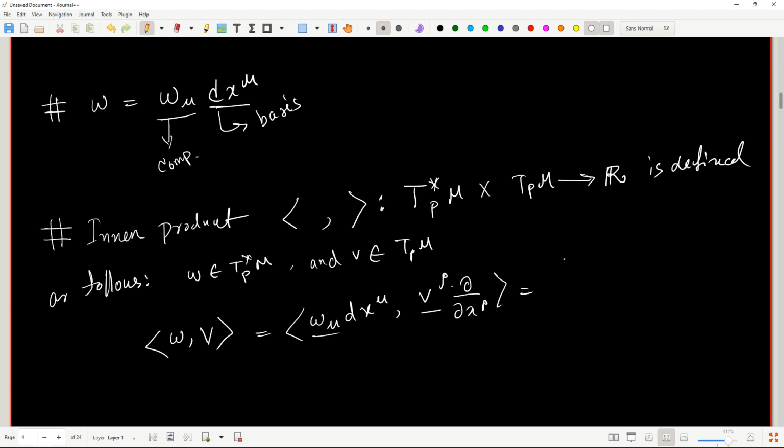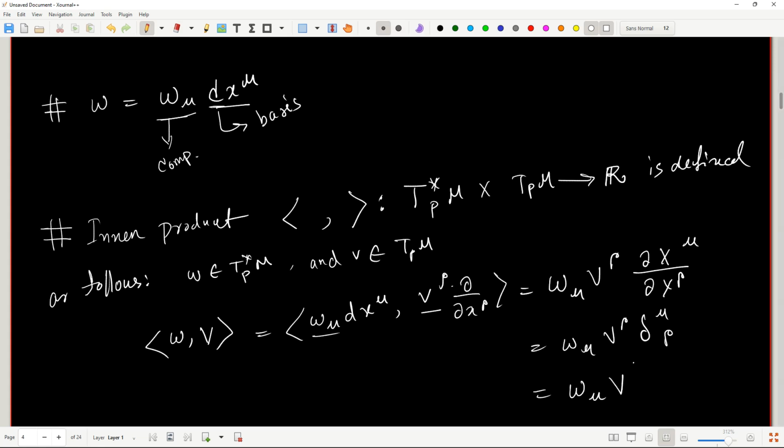They don't play any essential role. So we have omega_mu v^rho, dx^mu acting on del/del x^rho, which is delta^mu_rho, and finally we have omega_mu v^mu. This is the inner product.